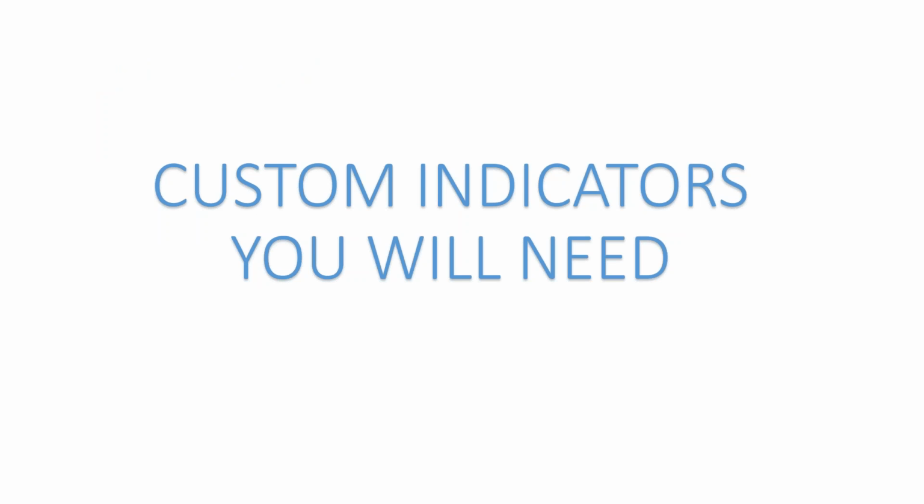I'm going to go through some custom indicators you're going to need going forward. I'm going to be sending them out into the chat rooms after this webinar, so don't worry too much about where you're going to get them from. These are not indicators in the sense of lagging indicators.